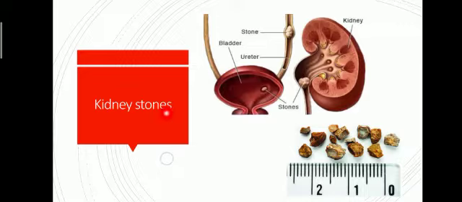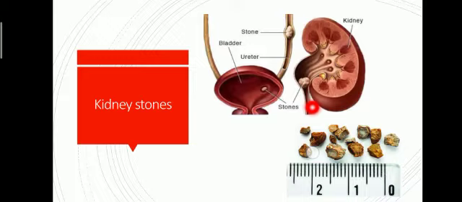There is an accumulation of those minerals and salt in the tract, and that blocks the entrance of the ureter or the kidney. It can also be present in the bladder, which blocks the passage of urine. These kidney stones can be of large size or smaller size, and according to that, they can be treated.